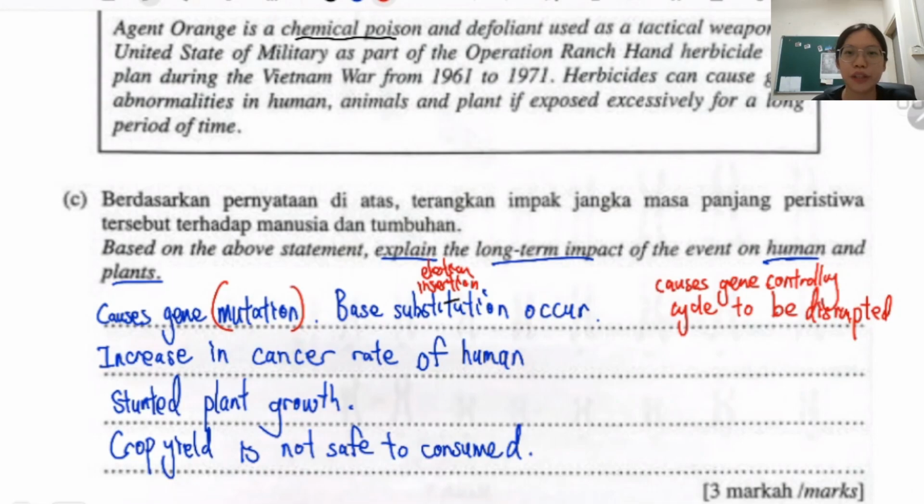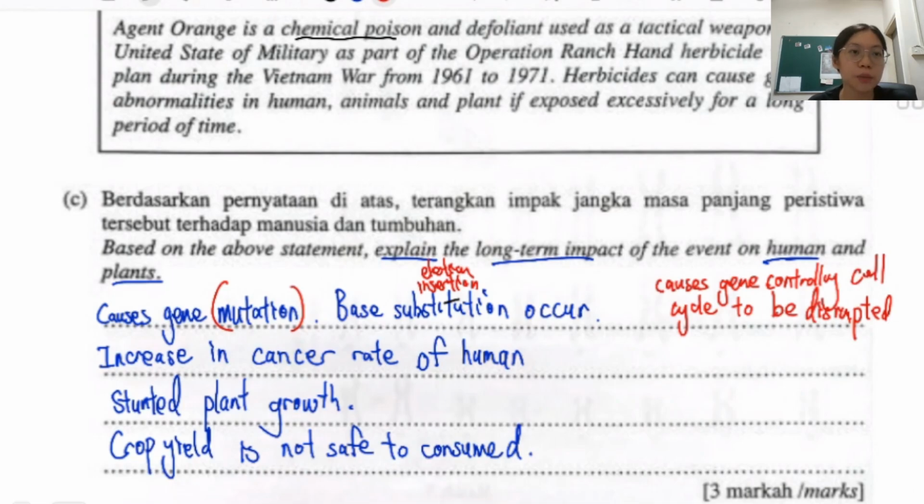But basically, there is a gene that controls the cell cycle. But because you are exposed to all these mutations, it will cause the gene controlling the cell cycle to be disrupted. So the cell initially was controlled, but now it is not controlled anymore.